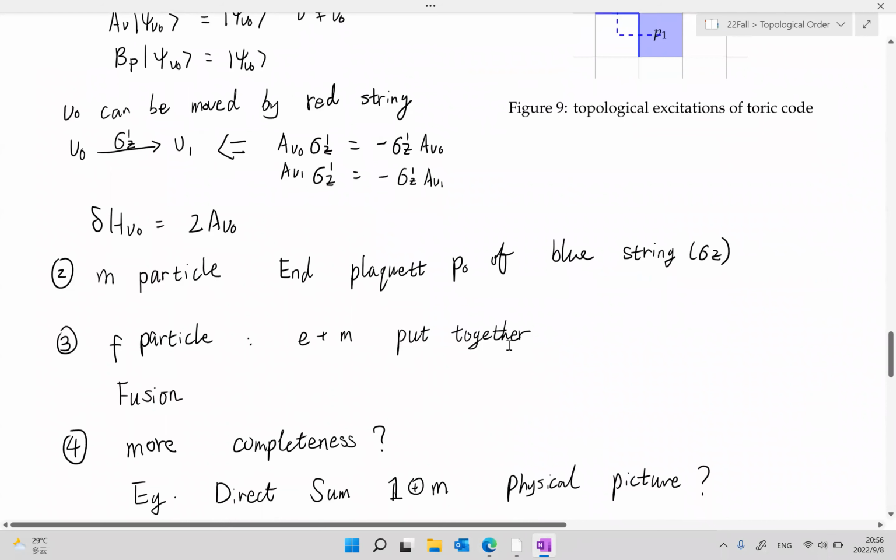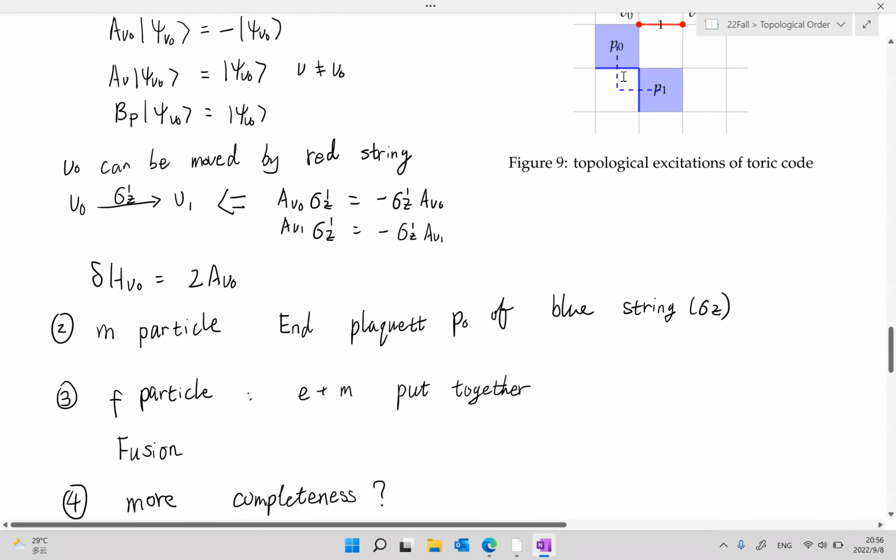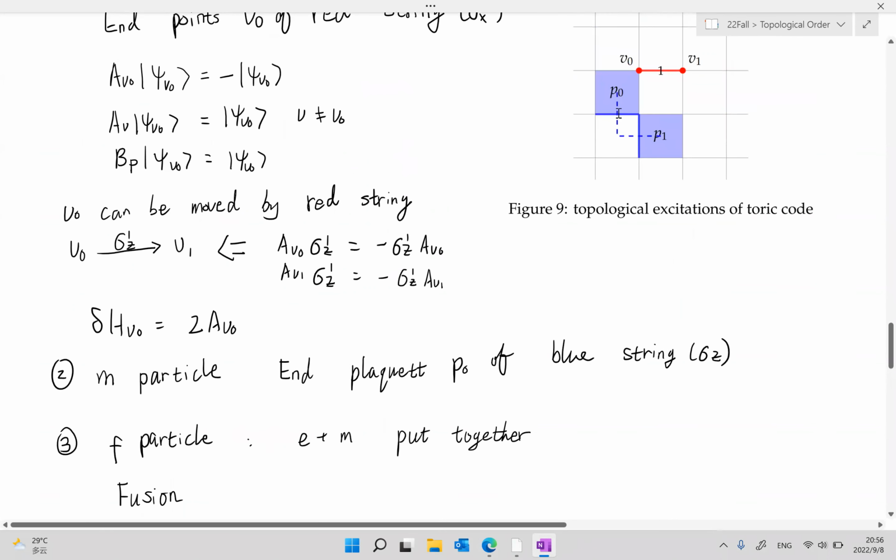And it's similar for the M particle. The M particle lives at the end of the plaquette string, this blue one. This blue line is sigma z, and we have a string of sigma z like this, connected as a string in this way.